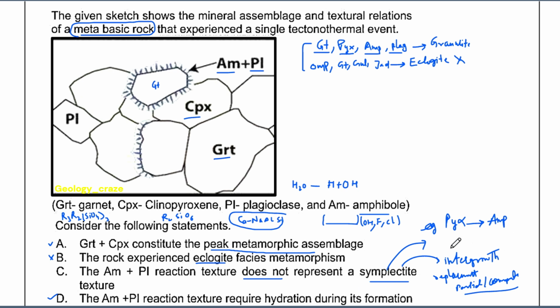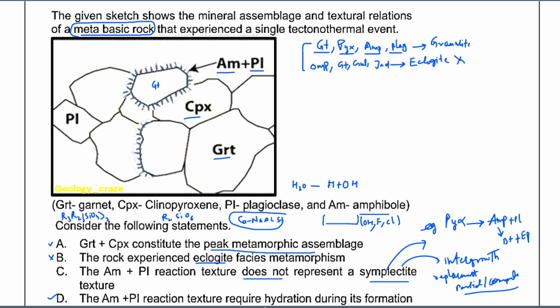One more example is when amphibole is converted into biotite plus epidote. These two are examples of this replacement texture. So now let's get back to the question.